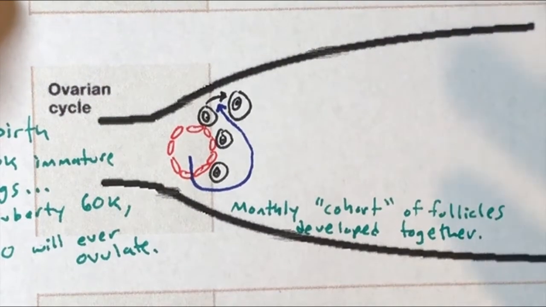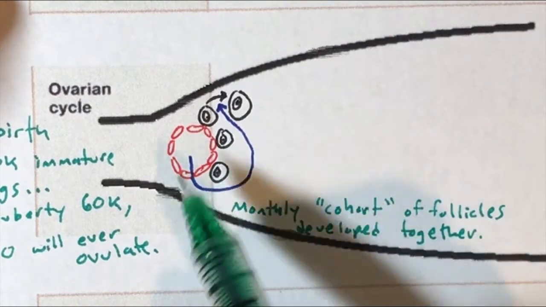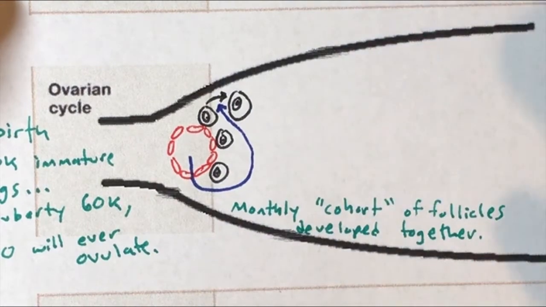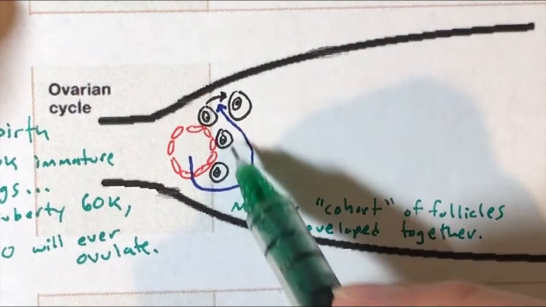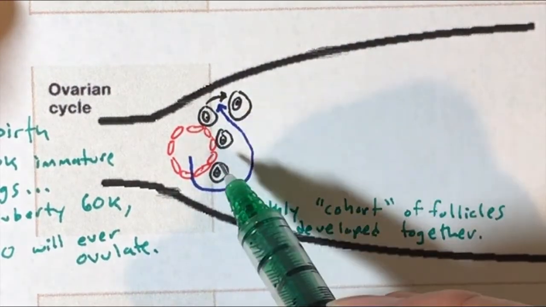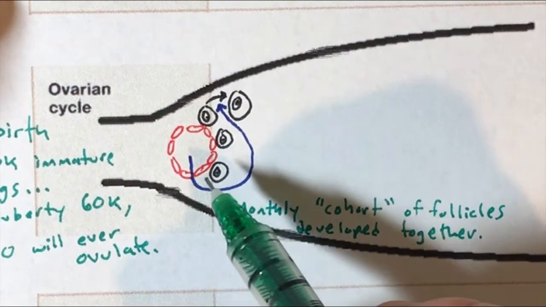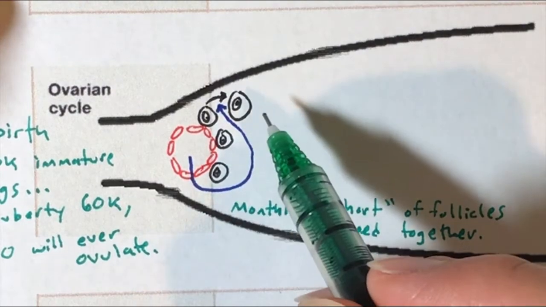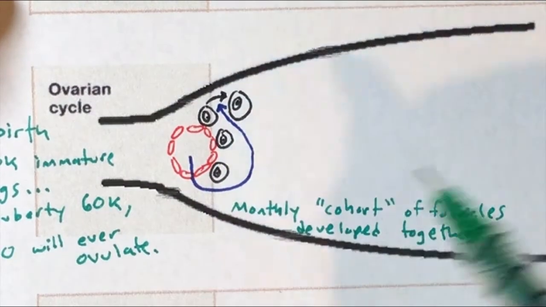If you're the class of 2000, then you're the cohort of the year 2000 grads. So a cohort is just a group of things going through something at the same time. So we'll have many of these eggs in this cohort together when FSH stimulates them, and they all stimulate to be a little bit more developed.